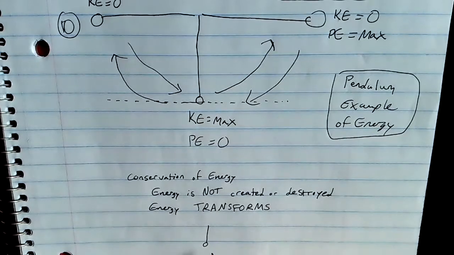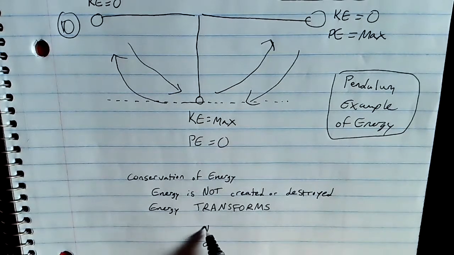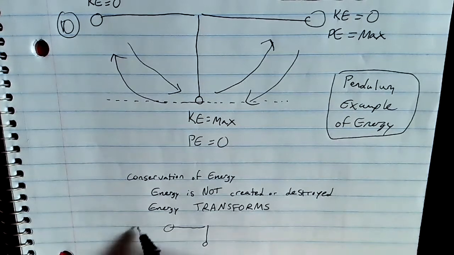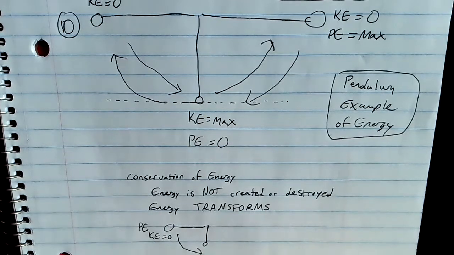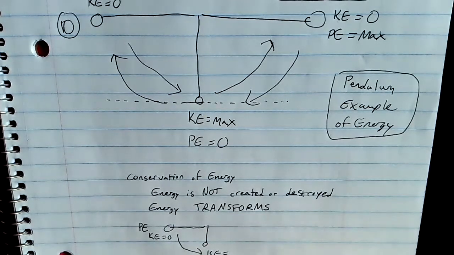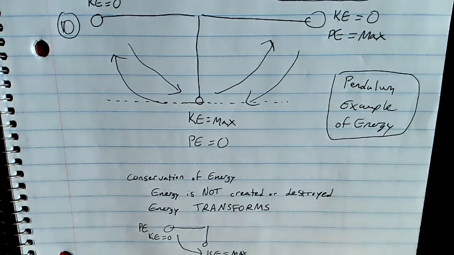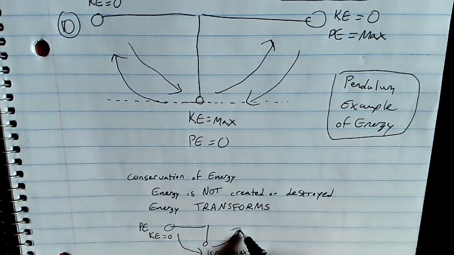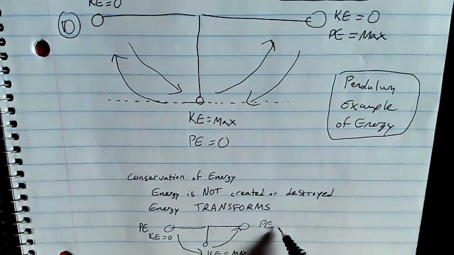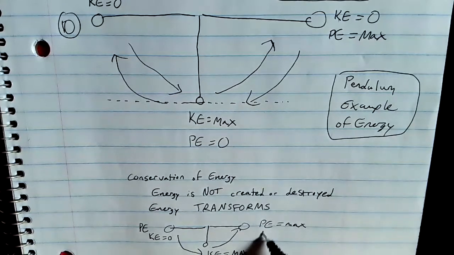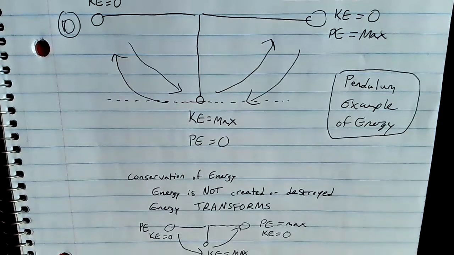So on a pendulum, if you raise it all the way up, potential energy is high, kinetic energy is 0. Then it swings down, kinetic energy is max, potential energy is 0 now, and then it goes up again, potential energy is at the max again, and then it stops at the high point, so kinetic energy is 0.